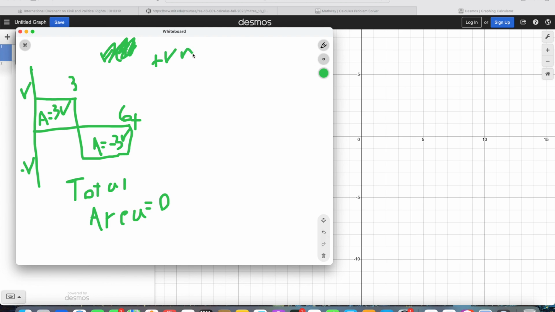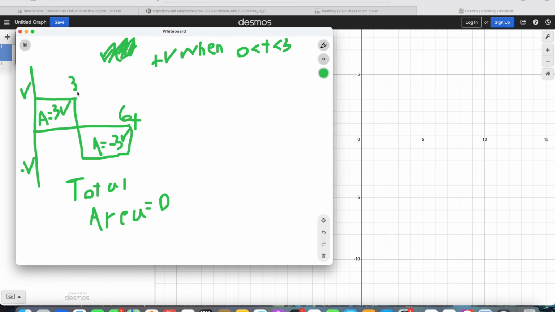It'll be positive v when t is greater than 0, because you see it starts after 0, and less than 3, right? Because he stops going forward at 3, and he starts going backwards at 3.